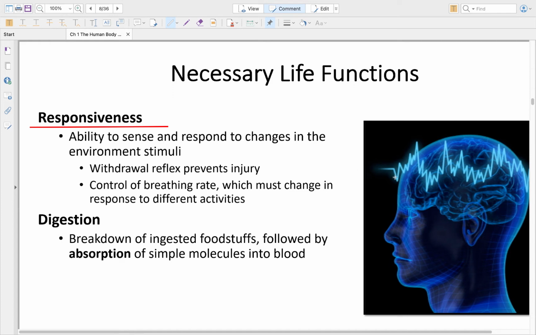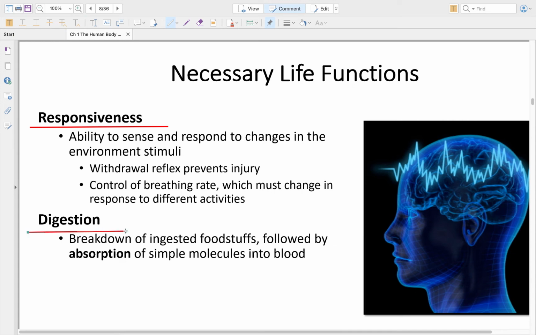And that's why we have this little guy over here with all his neurons firing off, because your nervous system is going to control your cardiovascular system, your breathing rate, and things like that. But the fact is the body is able to do those things because we're a living organism. Okay, so these are necessary for life.